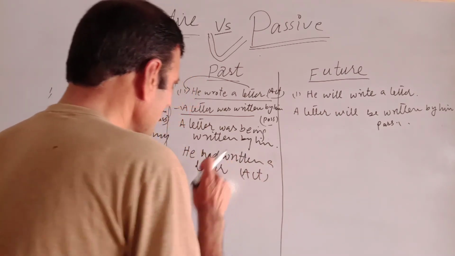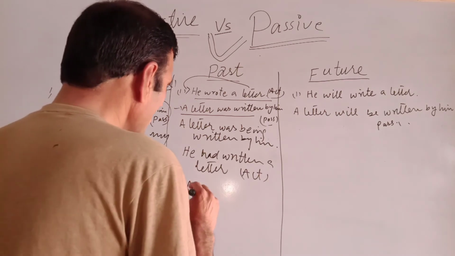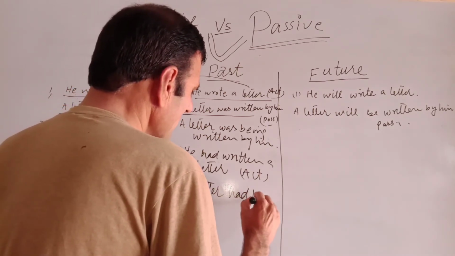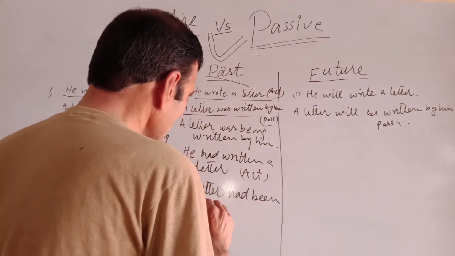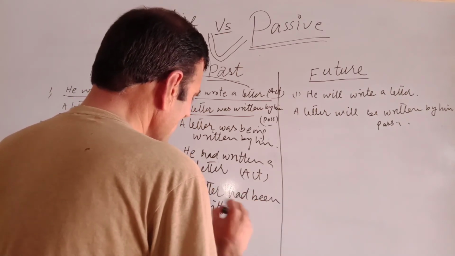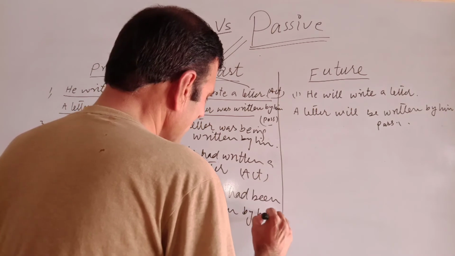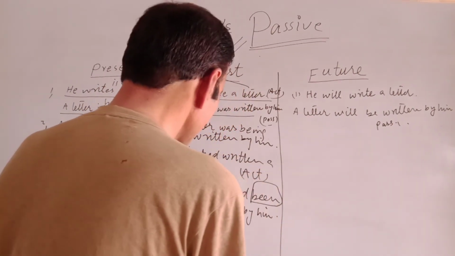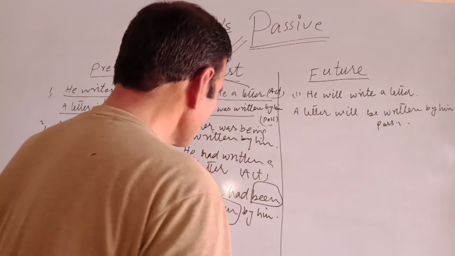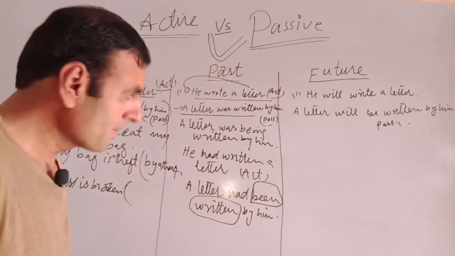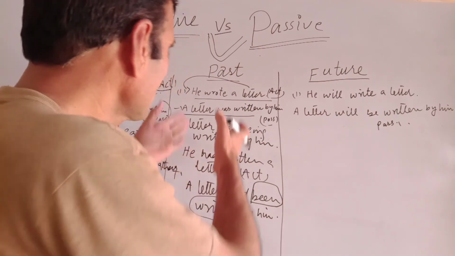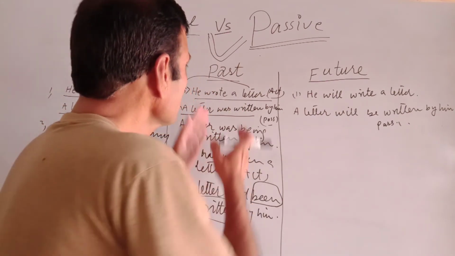We change the same sentence into passive voice: a letter had been written by him. Had been. Just put been here, third form of the verb, the same thing. A letter had been written by him. A letter was being written by him. These are the changes of passive voice into past.